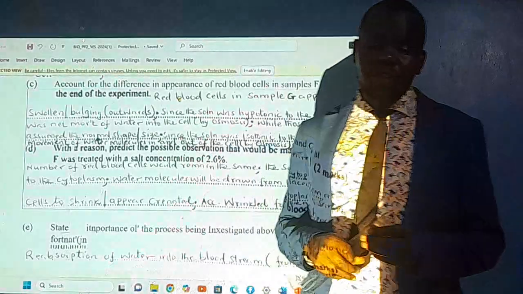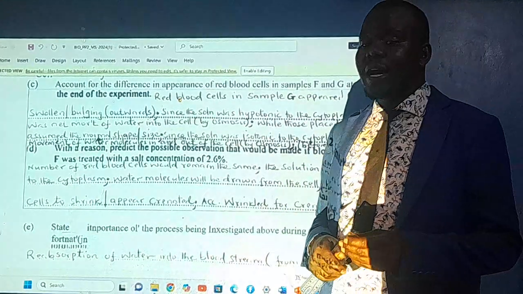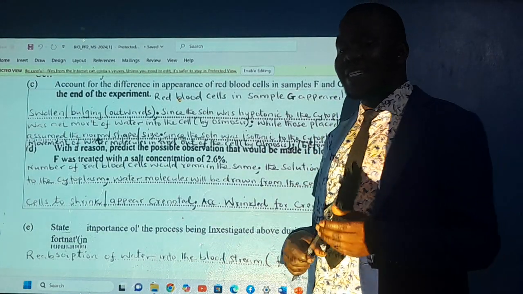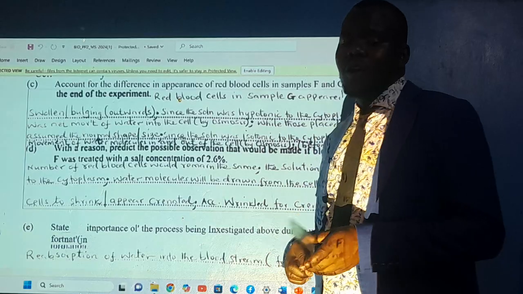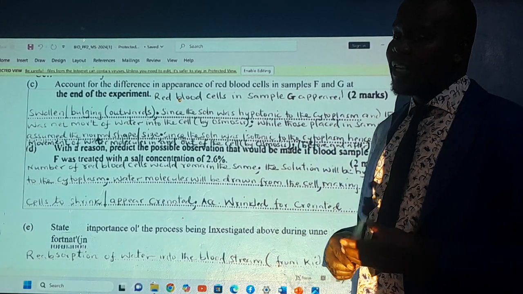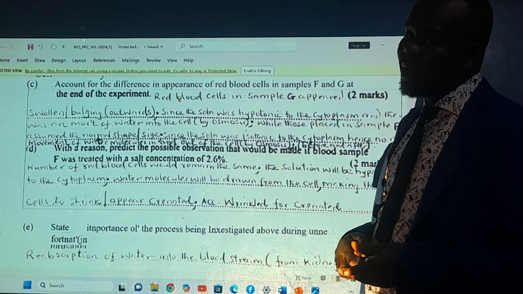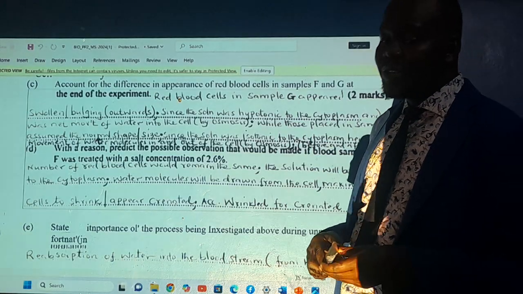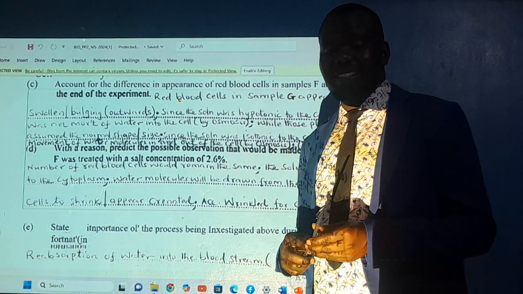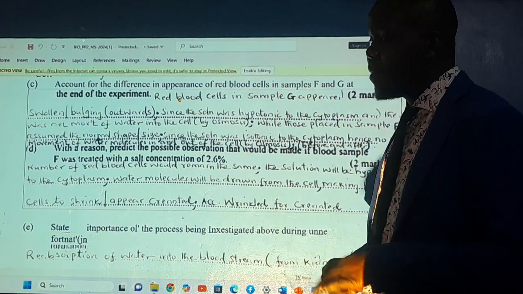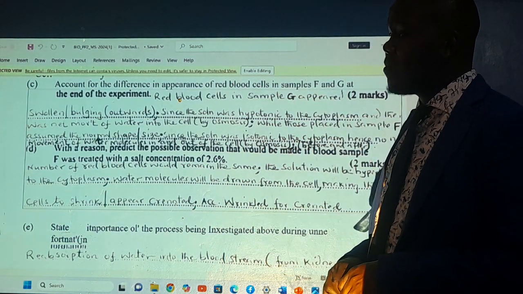So being hypertonic, it will exert high osmotic pressure, drawing water through the semi-permeable membrane of that animal cell, that red blood cell, by osmosis, leading to some of the red blood cells doing what? Immobilizing, that is bursting, and that is why the number did what? Fewer number as compared to the initial number.